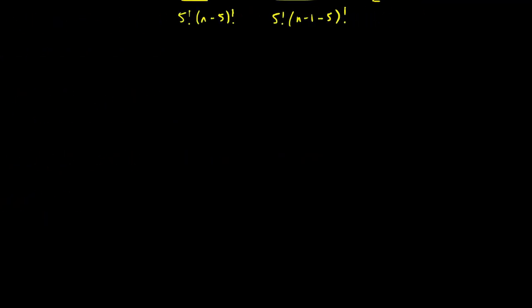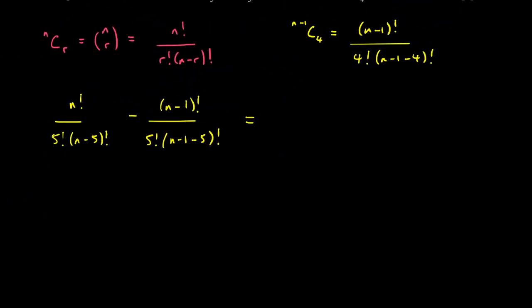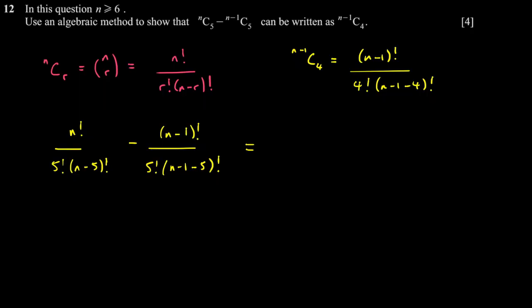Okay, so let's now go over to here and let's see what we can do. There are a couple of things I could do, but I'm going to take that n and split it up and write it as n times n minus 1 factorial.